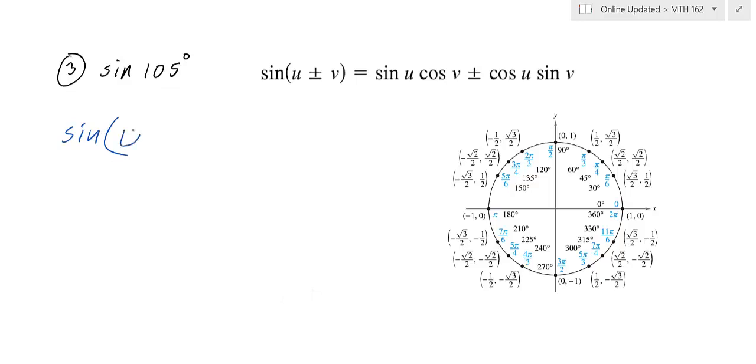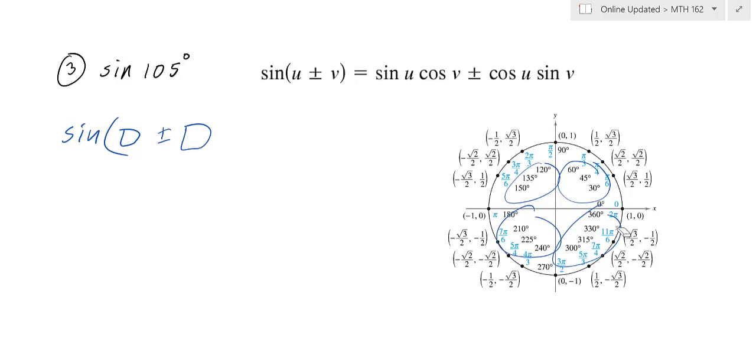So what angle can we pick to either add or subtract to another angle? And we want to pick one of these angles that we have listed on the unit circle that will either add together or subtract to give us 105.